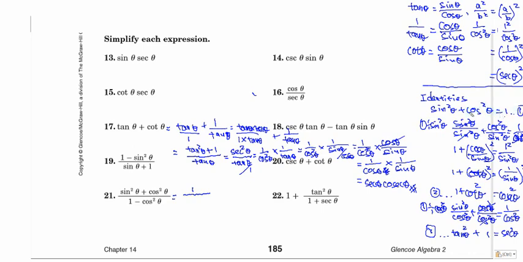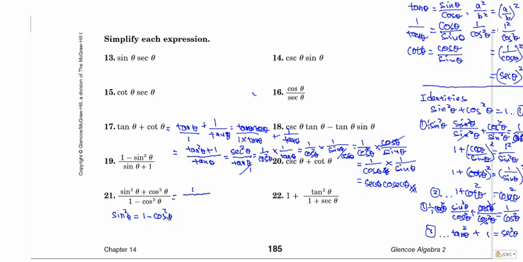Sine square theta equals 1 minus cosine square theta, because when moved to the right hand side it becomes negative.